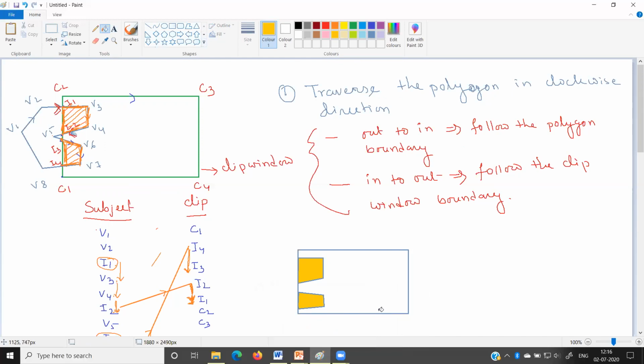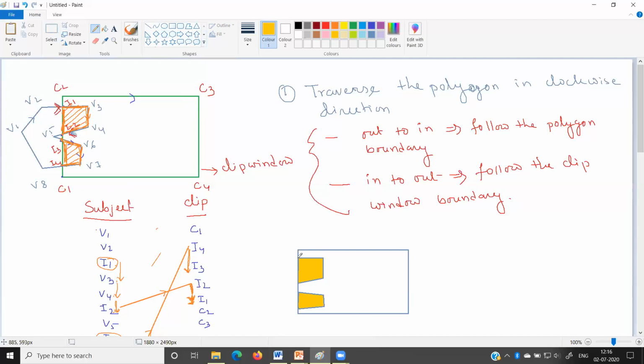Here you can see that you are not getting the extra edge which you would get if you execute the Cohen-Sutherland line clipping algorithm. In the case of the Cohen-Sutherland line clipping algorithm, you will get this extra edge, but in the case of the Weiler-Atherton polygon clipping algorithm, you will not get this extra edge.